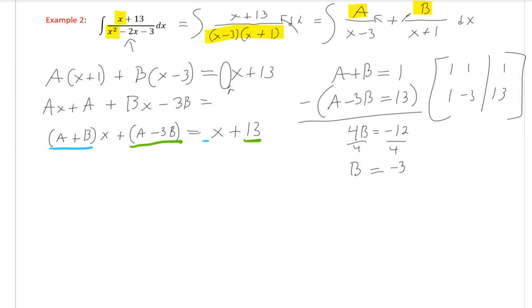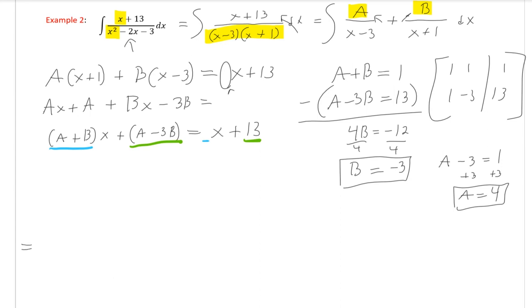With that in mind, I can plug that into either of the previous equations. I'll plug into the first one because it looks the simplest. A plus b, where b is a negative 3, equals 1. Add 3, and I get a equals 4. So now I solve for my two unknowns.